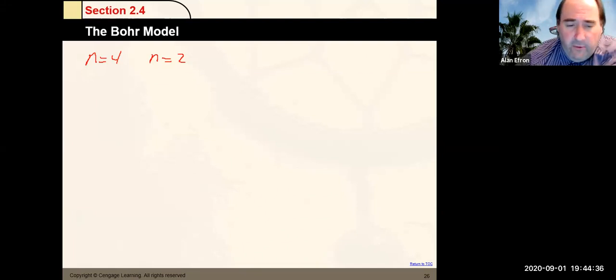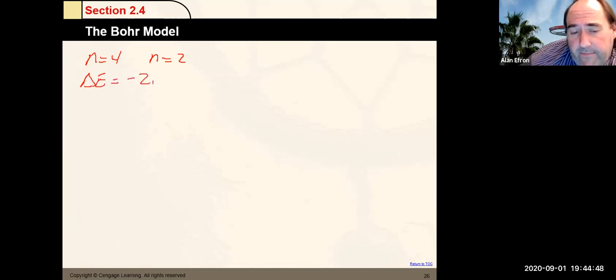So again, here we are going from 4 to 2, so that's higher energy level to lower. Much like the previous one, we could predict that the energy change should be negative here for our atom. So minus 2.18 times 10 to the minus 18.